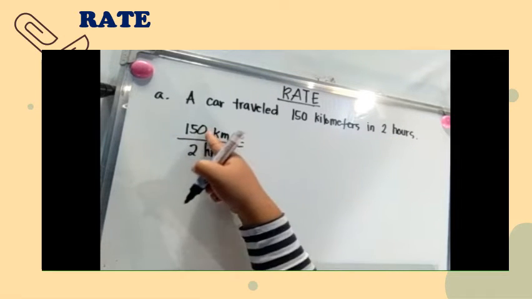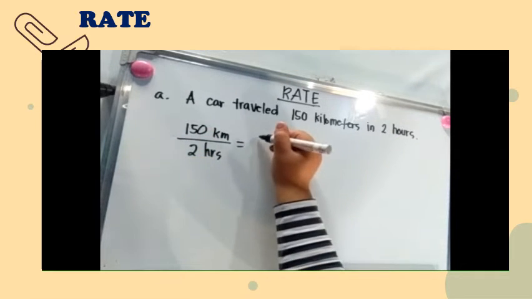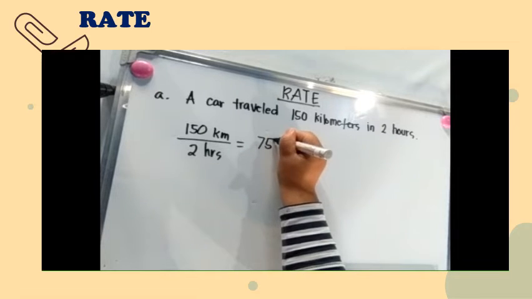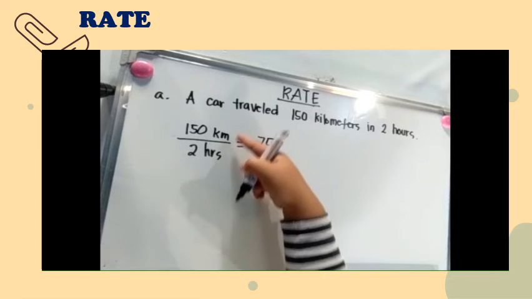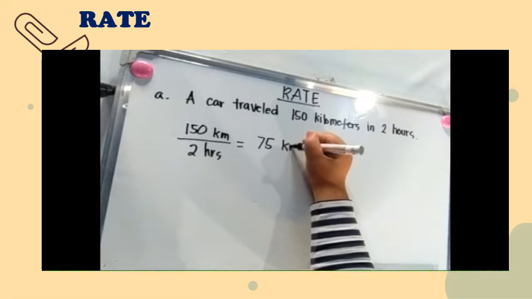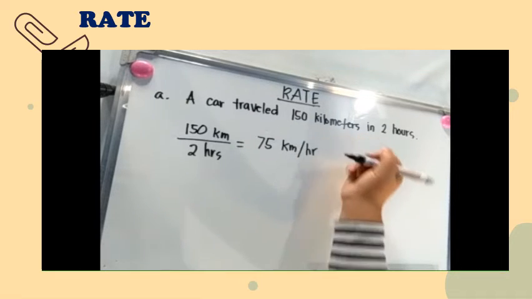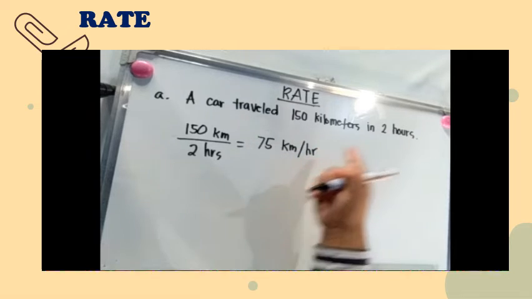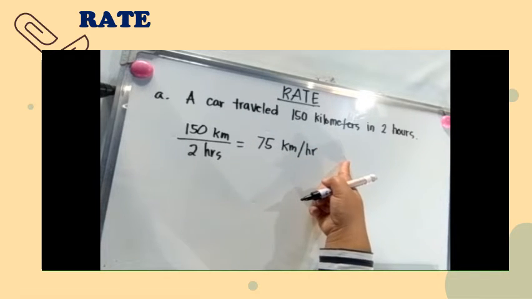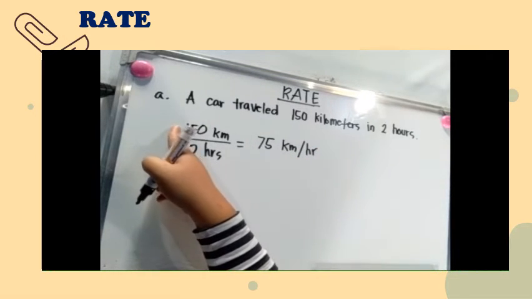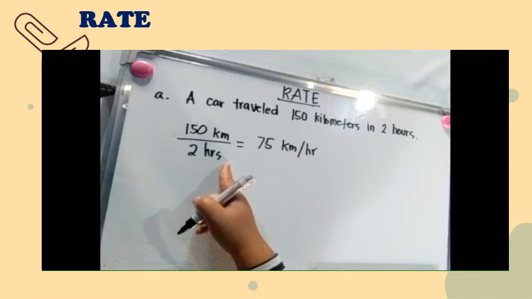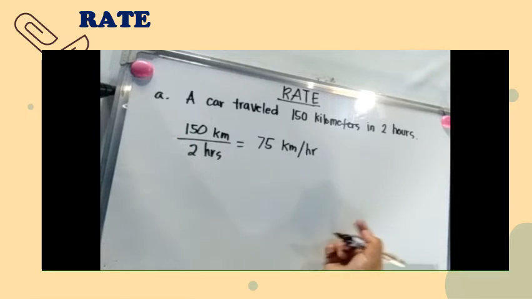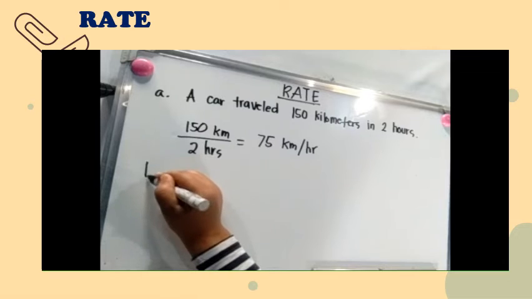We have 150 divided by 2. We have 75. Yes? And then, ang unit is kilometer per hour. So, a car traveled 75 kilometer per hour. No? Kay sa 2 hours man, 150 kilometers man ang iyahang na-travel. Okay? Nasabtan ang rate. Another example, we have letter B.